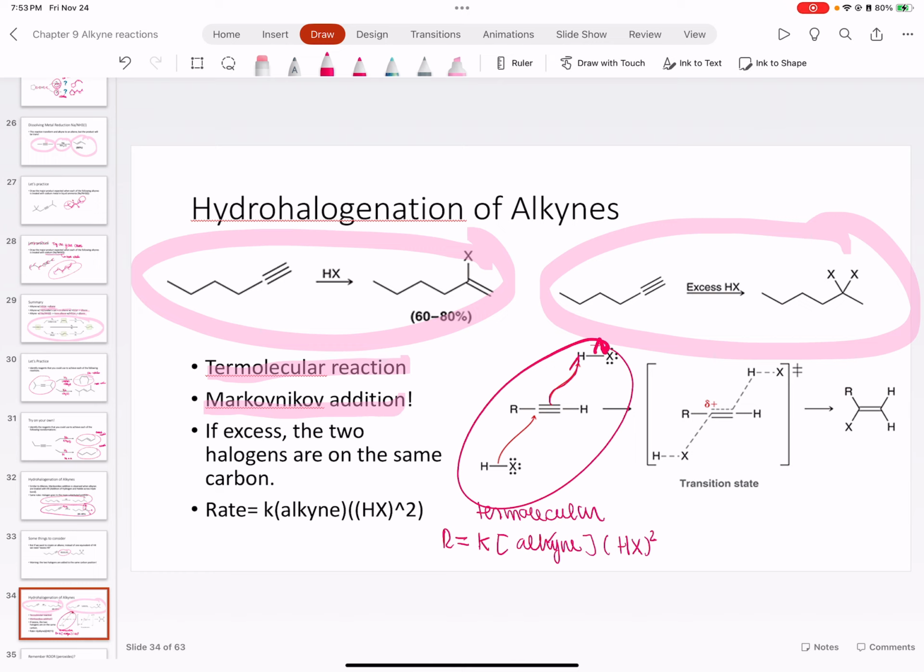One, we're doing a proton transfer, then the second step, that other halogen is also adding to it. So technically we're adding one, the one that's leaving, which is later going to attack it. So we're doing three things at once. So that one is termolecular.